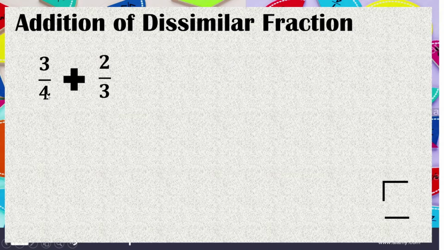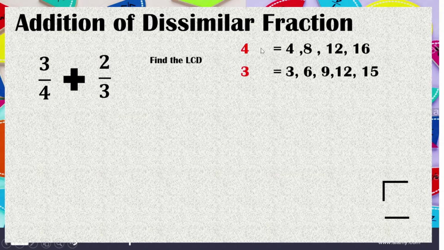So tignan natin yung 4. Okay, so 4, 8, 12, and 16. Then yung 3. 3, 6, 9, 12, 15. So what is the LCM or LCD? Okay, so we have pinakamababa na parehas na meron ang 4 at 3 ay ang 12.